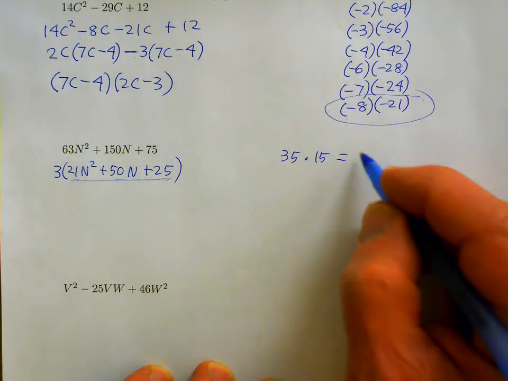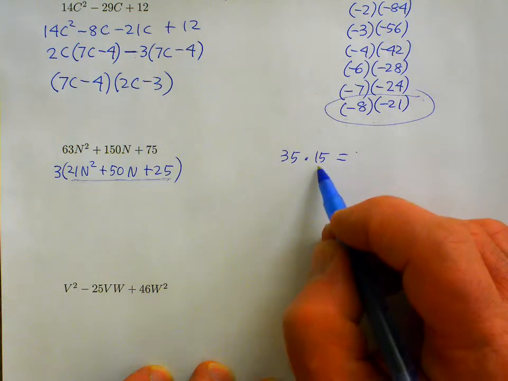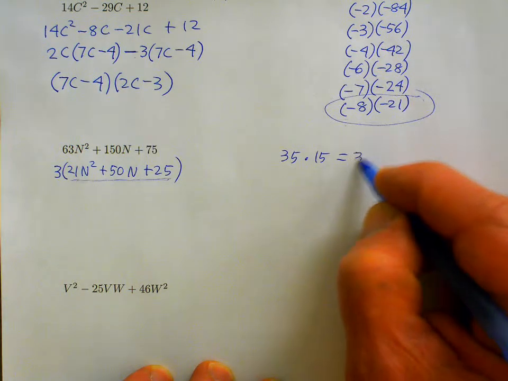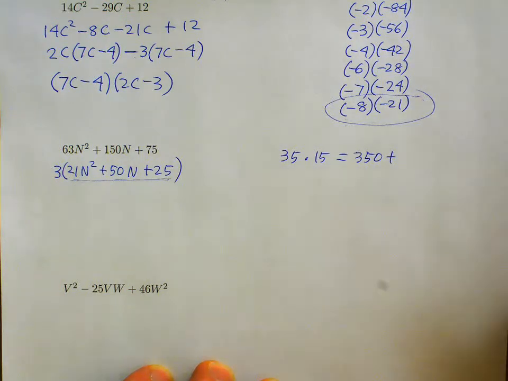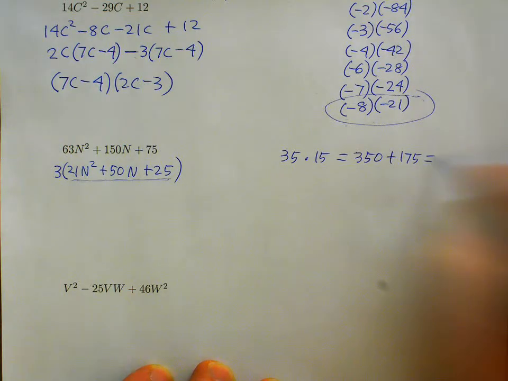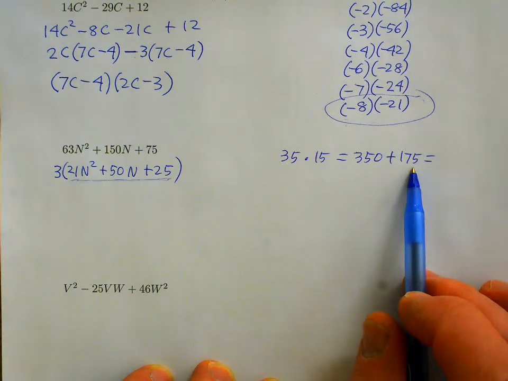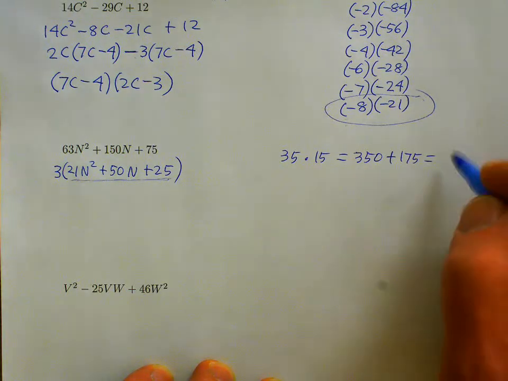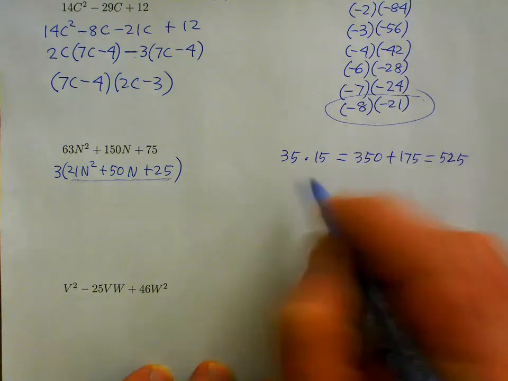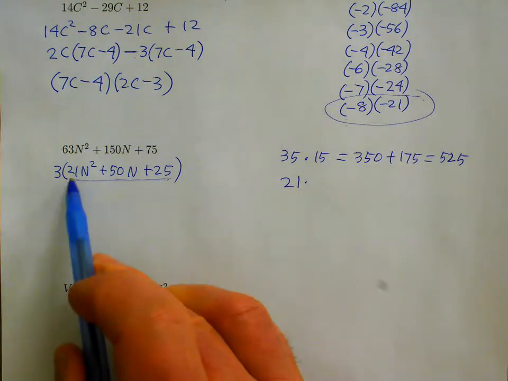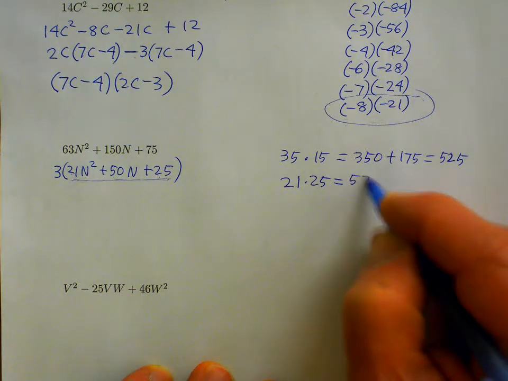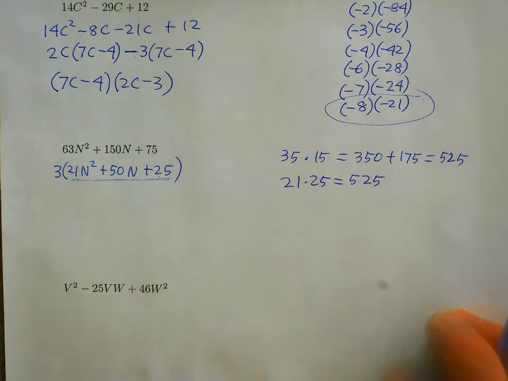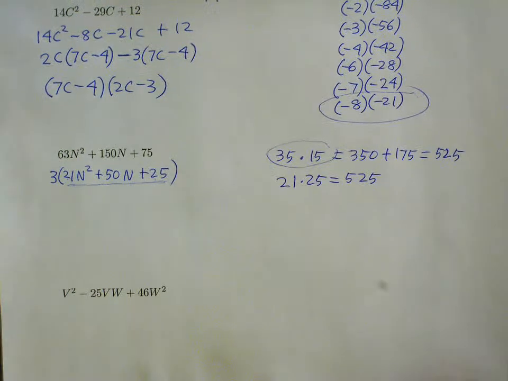I know that that's 35 times 10 plus 5. 35 times 10 is 350. And then 5 times 35 is 175. And those add up to 525. And that is the same as using the AC method, 21 times 25. And 35 plus 15 does equal 50.